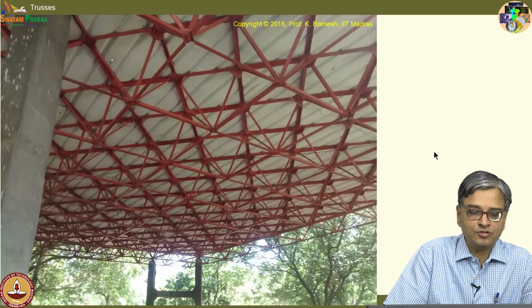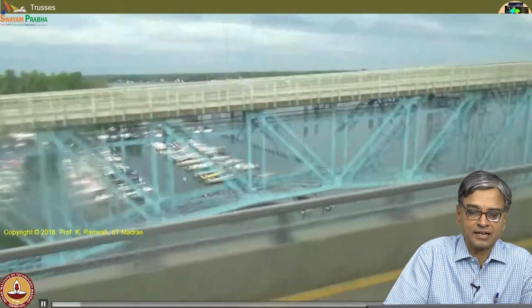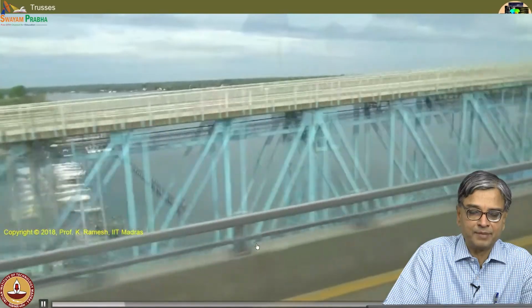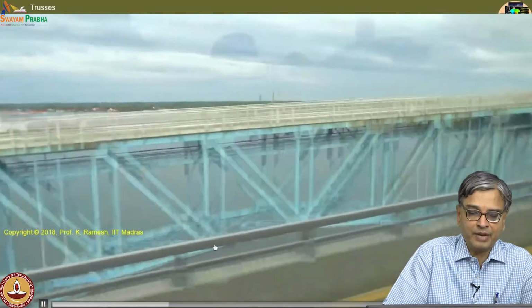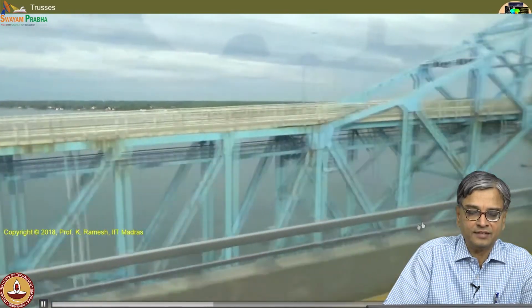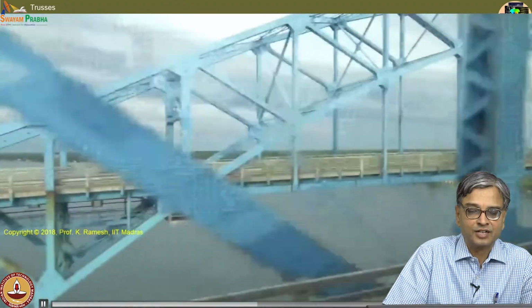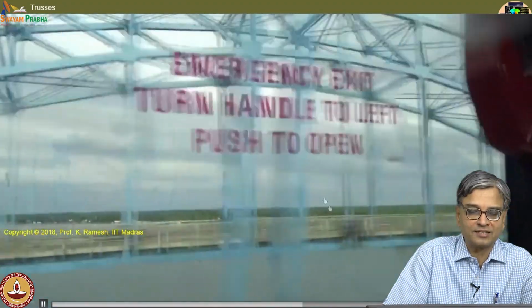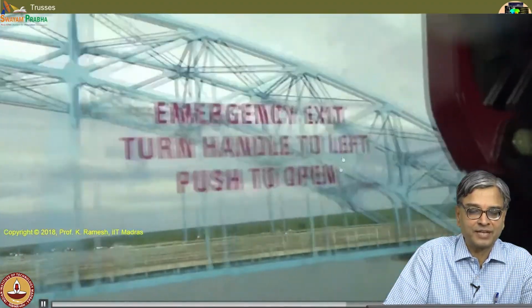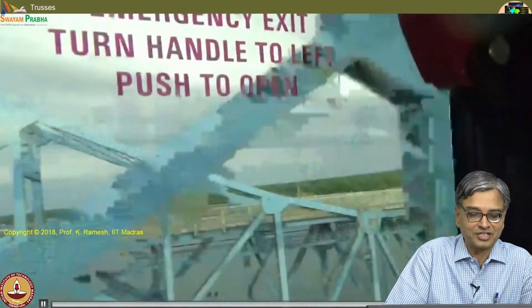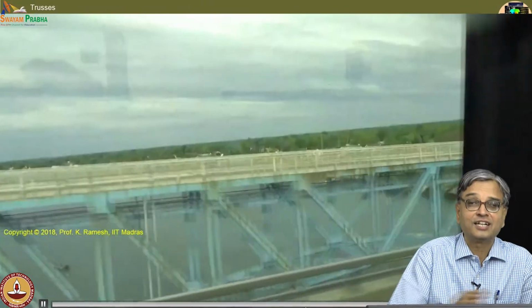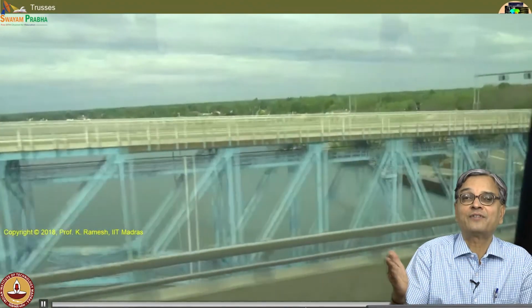And I was amazed to see, when I visited Niagara recently, I was traveling in a bus, this complete bridge is welded and it is also in a nice blue color. This is the window through which I am taking the photograph. I got this picture just 2-3 kilometers away from Niagara.